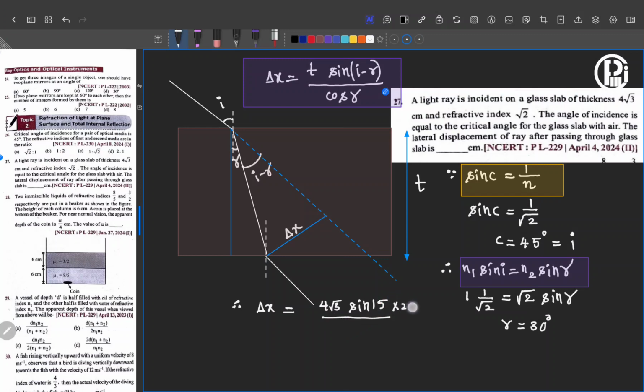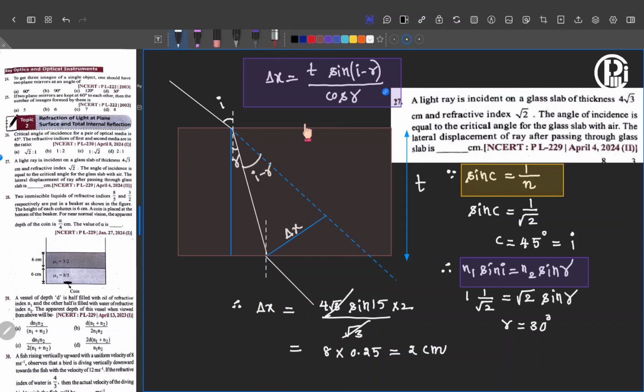So the 2 is here and the √3 is here, so this gets cancelled, and that will be equal to 8 times sin 15. Sin 15 can be written as 0.25. Therefore you get the answer as 2 centimeters. That was the answer for this one.